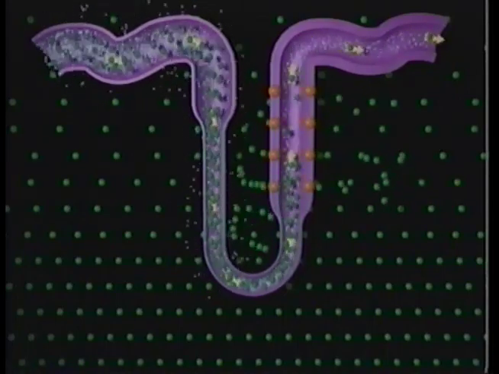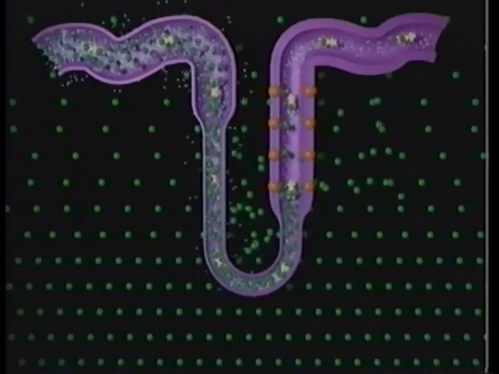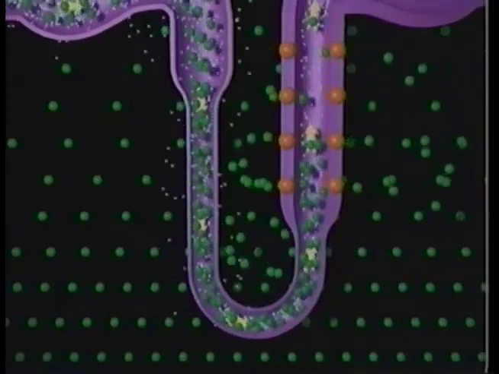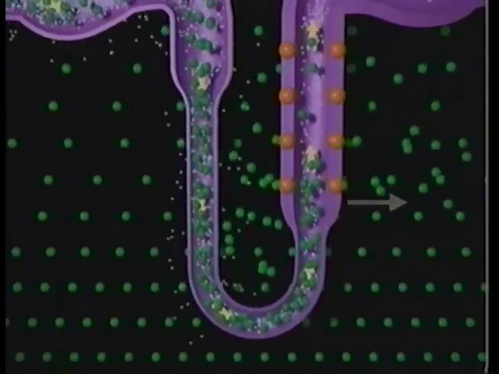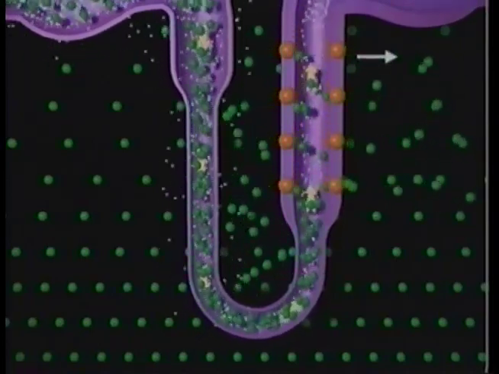As these ions are pumped into the peritubular fluid, the solute concentration inside the tubule steadily decreases. As the solute concentration decreases, fewer sodium and chloride ions are pumped out of the tubular fluid.